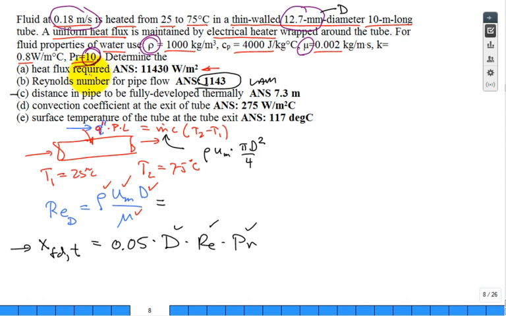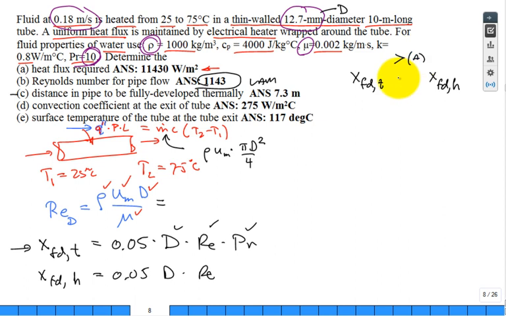Okay, let me do this. What is the equation to be fully developed hydrodynamically? 0.05 d times Reynolds number for laminar flow. For this problem, is the distance to be fully developed thermally compared to the distance to be fully developed hydrodynamically greater?